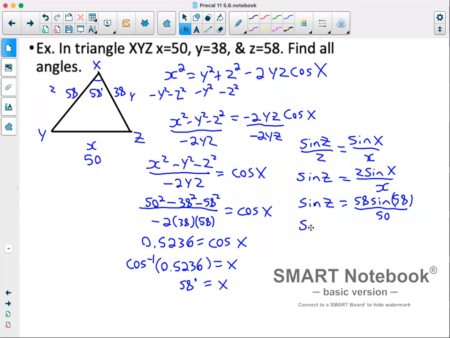That gives us sine of Z is equal to 0.9837.